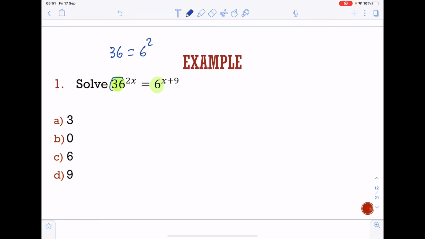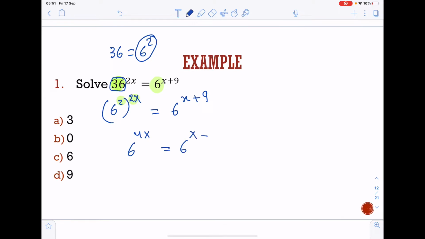So just rewrite this as 6 to the power 2. So this side would be 6 to the power 2, all to the power 2x, equals 6 to the power x plus 9. Since you have power to the power, you multiply these two powers. So this would be 6 to the power 4x equals 6 to the power x plus 9.